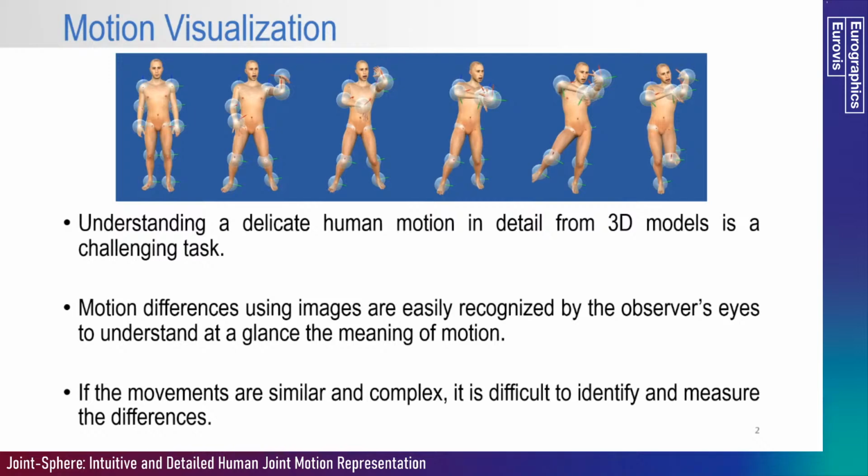Therefore, in this paper, we propose a novel motion representation method called the joint sphere. It enables us to compare the exact movements of each body joint, which are difficult to understand while viewing an image. And it also makes it possible to understand the meaning of the motion intuitively without viewing an image.